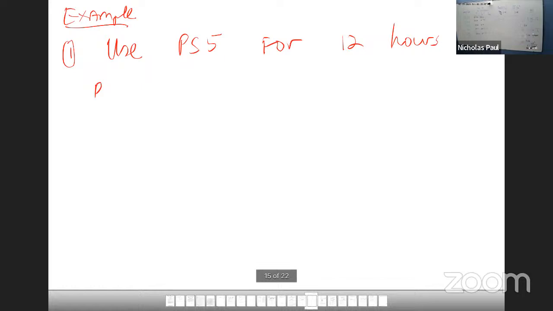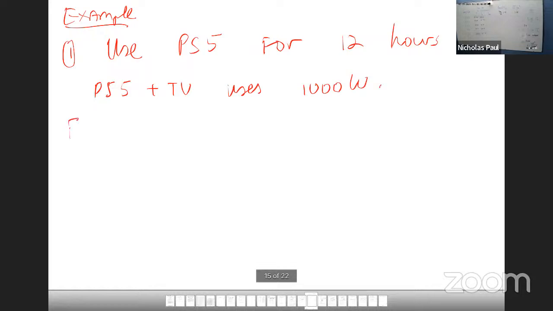And the PS5, with the TV and everything, uses let's say 1000 watts.